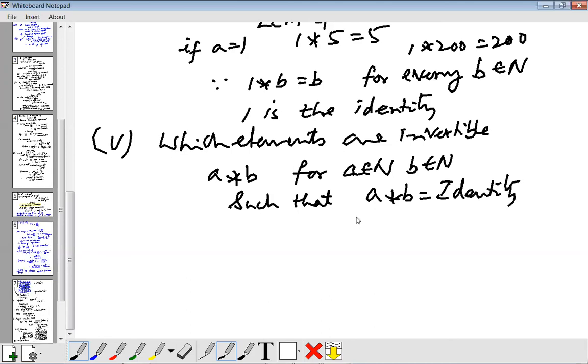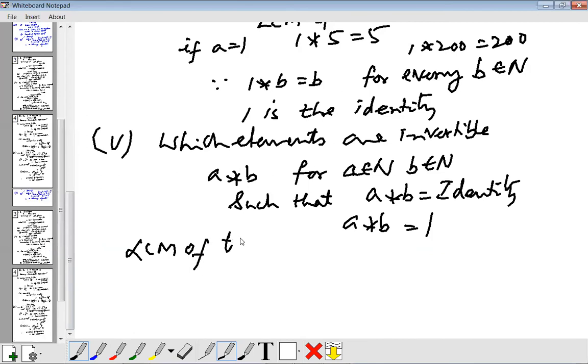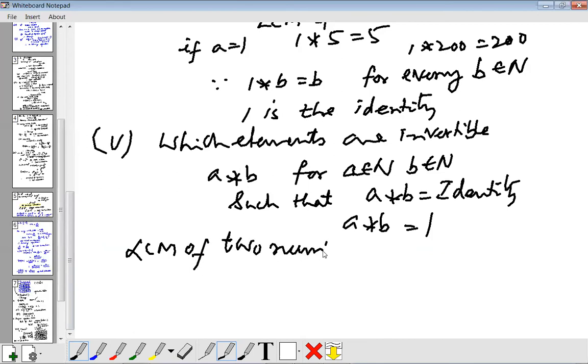What's identity in our case? A star B equal to 1. So the LCM of two numbers should be equal to 1. What does it mean? That means A must be 1, B also must be 1. So only the number 1 is invertible.